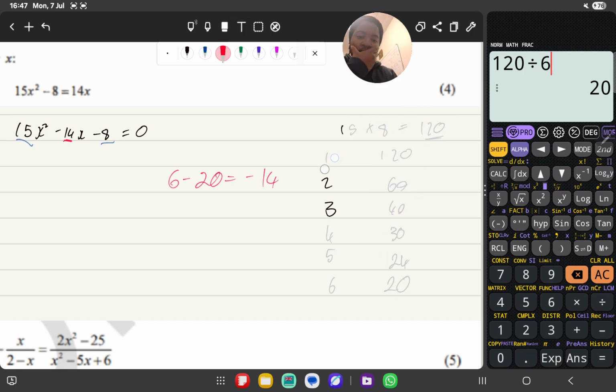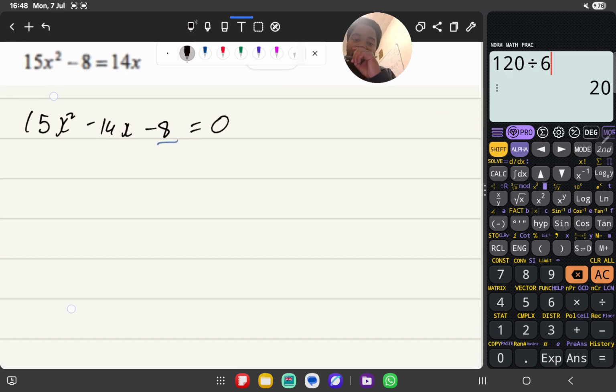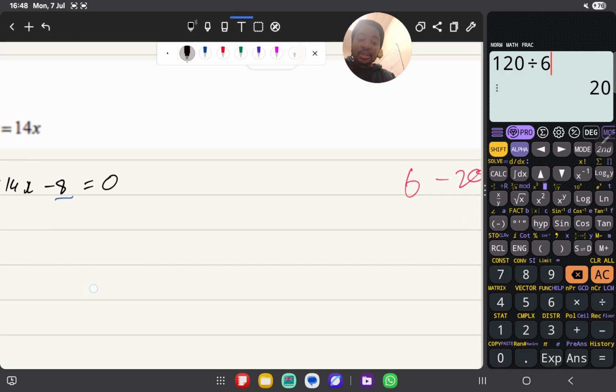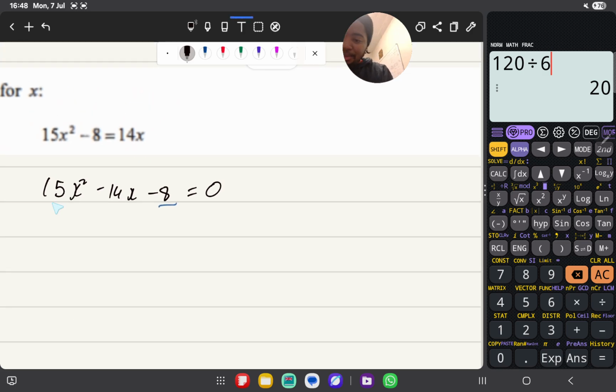I shouldn't have deleted this, but it's fine. I'll note it down here. We said 6 minus 20 equals minus 14. So we're going to use the numbers 6 and 20 right here in the middle term.